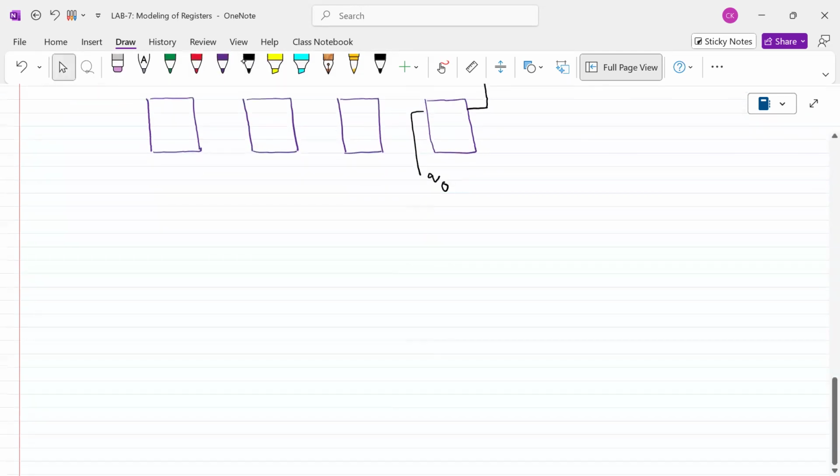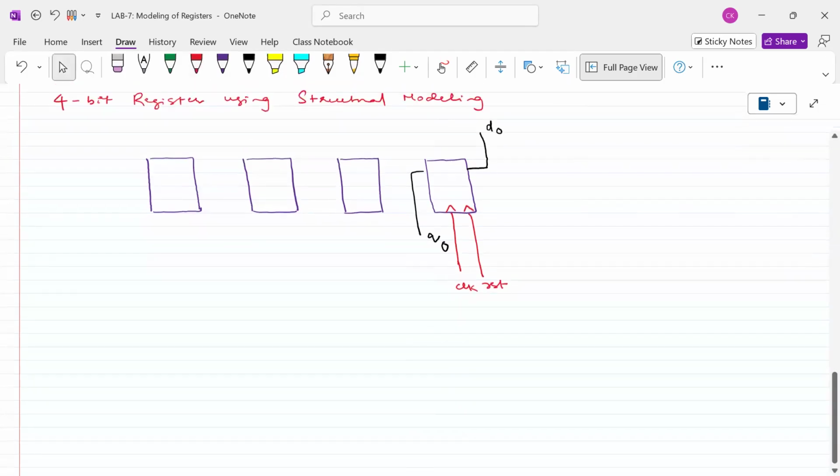This is done by using the clock signal, when there is a clock signal, and definitely there should be a reset signal. Forget about the load signal for the time being, I'm not going to use it. Without having a load, I'm writing this. Now, when there is a RST signal, this flip-flop will be 0. If the clock is available, then the D out will go as Q naught.